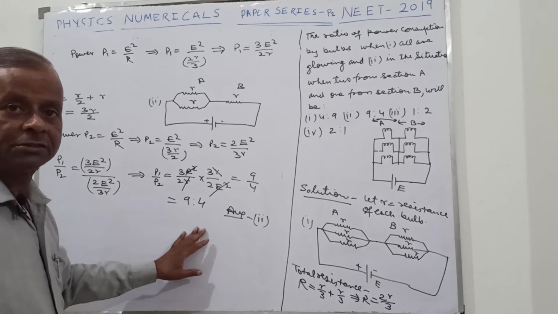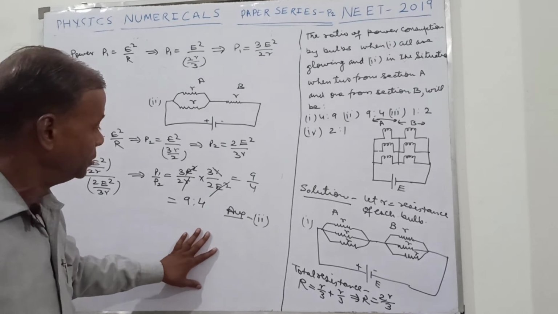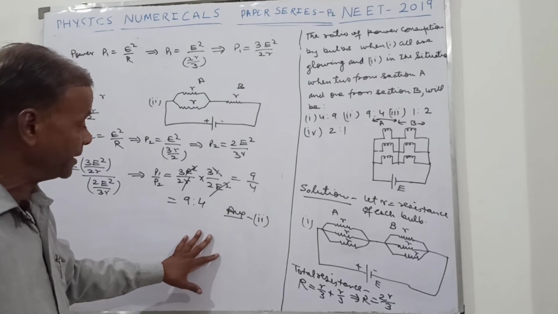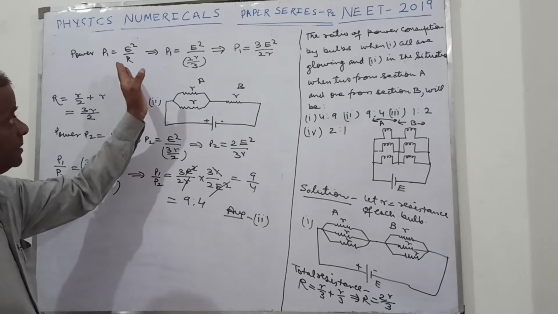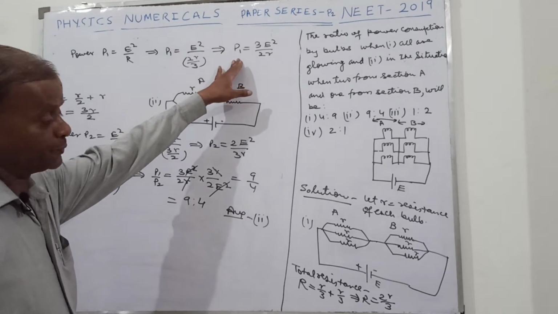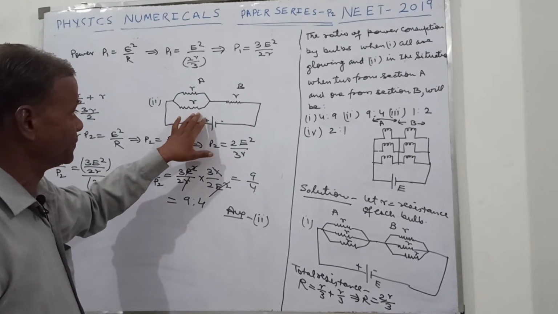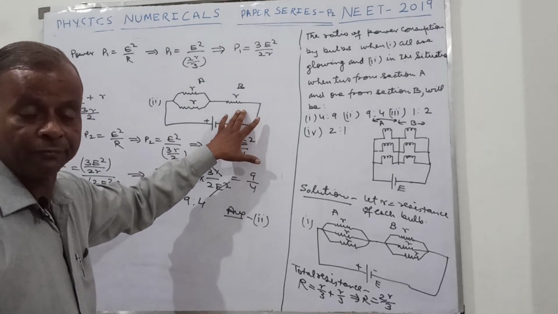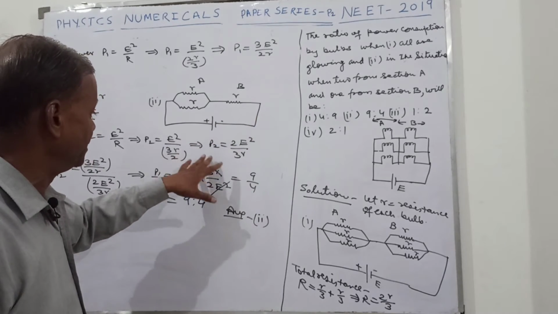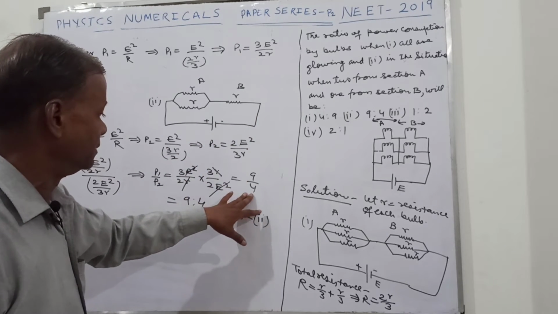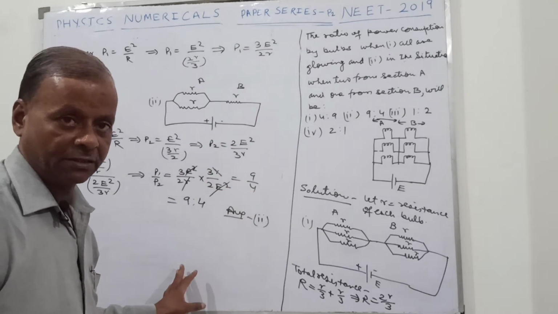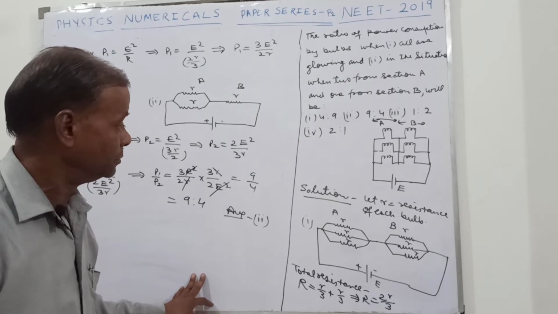So never do it in the air, you do it in a proper way, that first you find the power consumption when all the bulbs are glowing, and second when 2 bulbs from section A and 1 bulb from section B, and then find the total resistance, and then the power P2, and then find the ratio P1 upon P2.